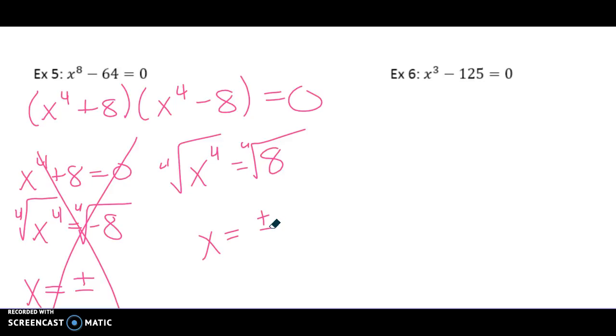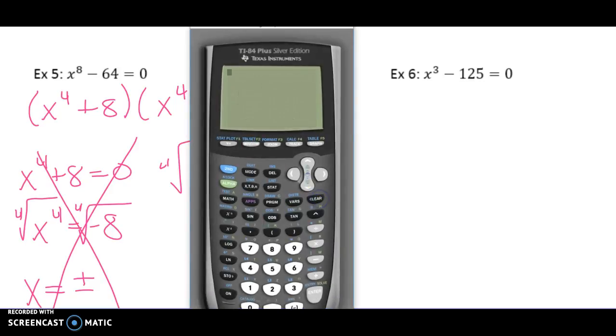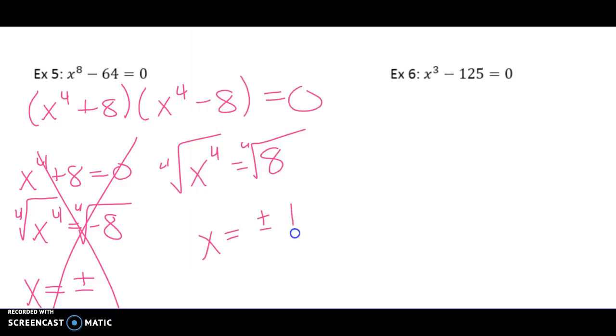Let's just get a decimal. The 4th root of 8 is about 1.68. We haven't really done roots other than squares. We'll learn it when we get to our radicals unit, but for now, just understand that you'll have 2 real x-intercepts, and they'll be at about 1.68 and negative 1.68.